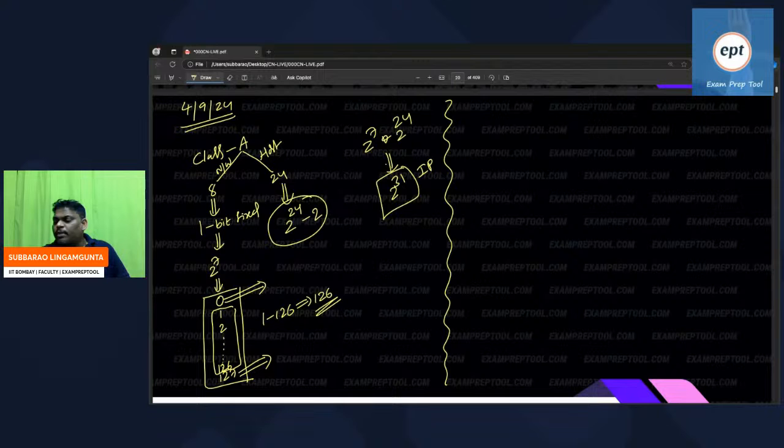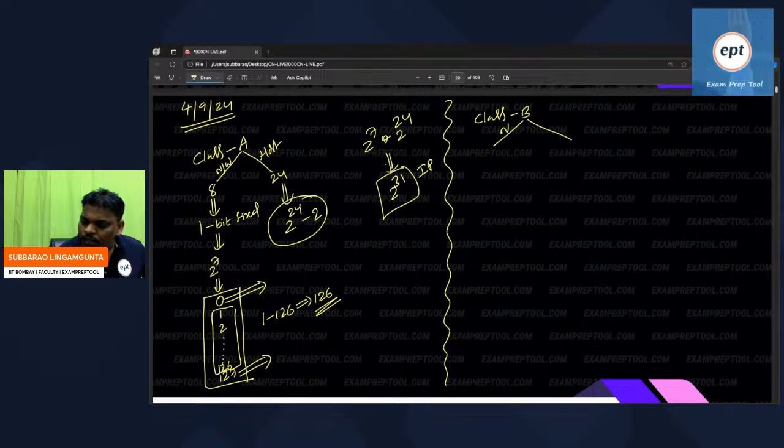Next, a medium kind of company takes class B. Only for namesake, I will write class B. Can you see the class B? Network, host, 16 bits here and 16 bits here.